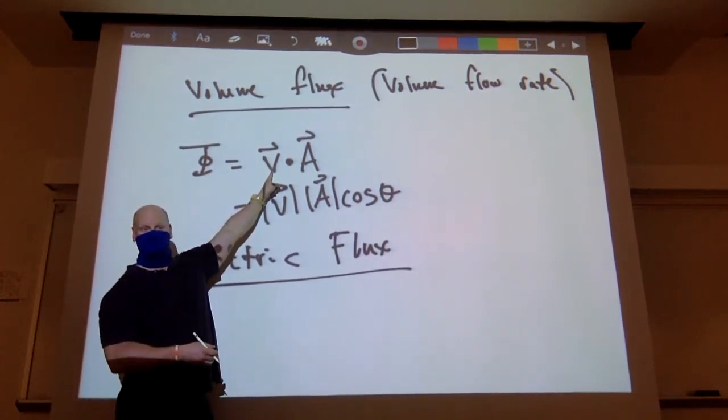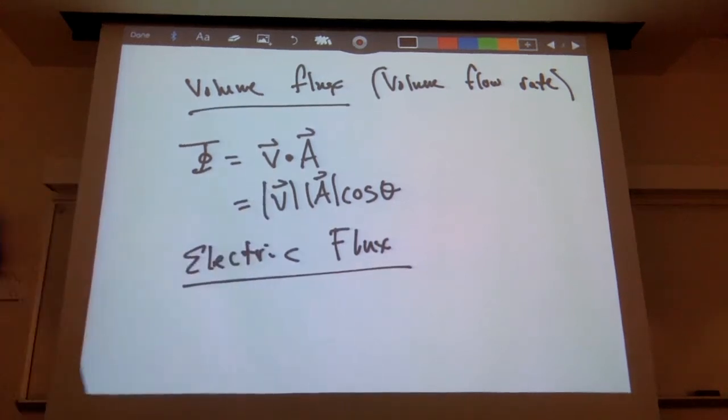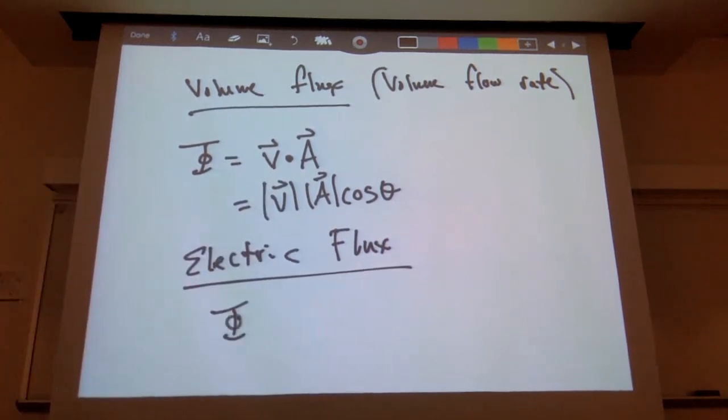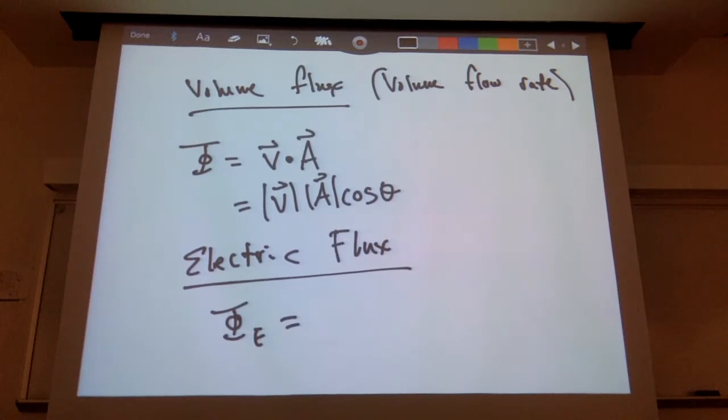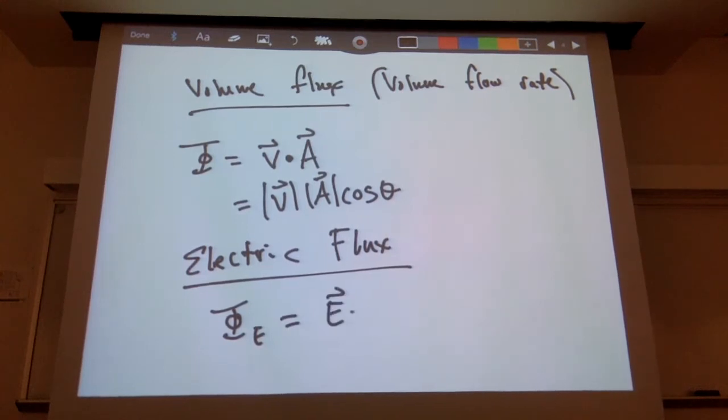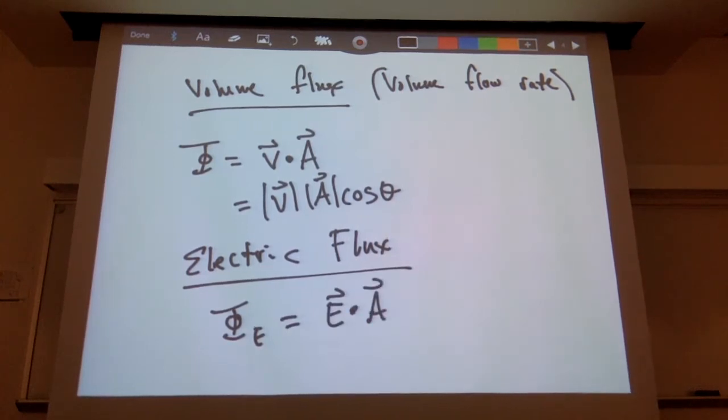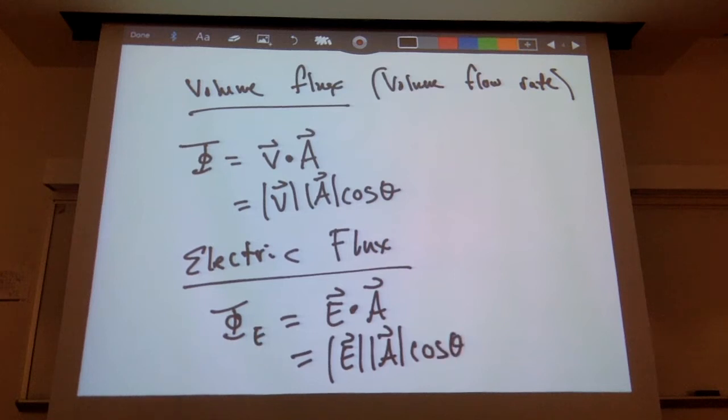That's it. We're going to call the electric flux Φ_E, which is equal to the electric field dotted with the area, which is the same as the magnitude of the electric field times the magnitude of the area times cosine of the angle between the two. So this is what we call electric flux.